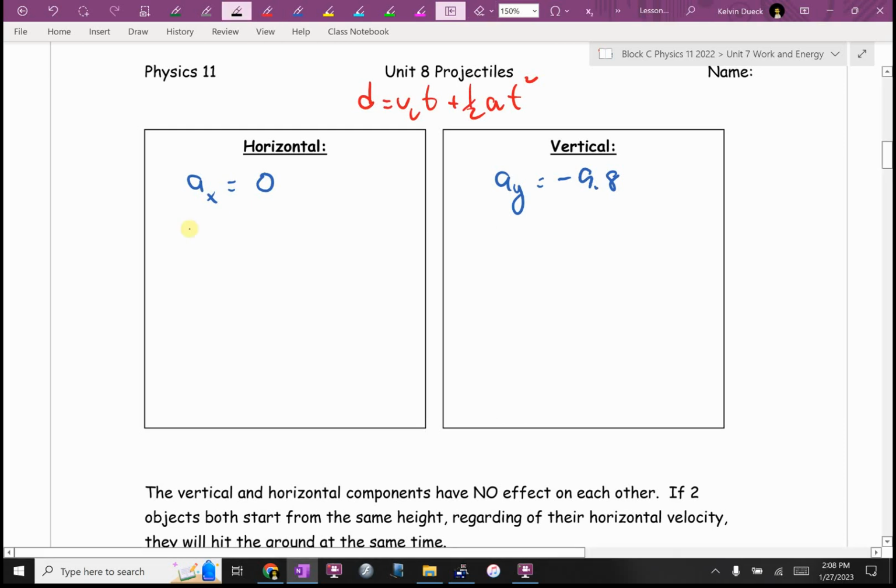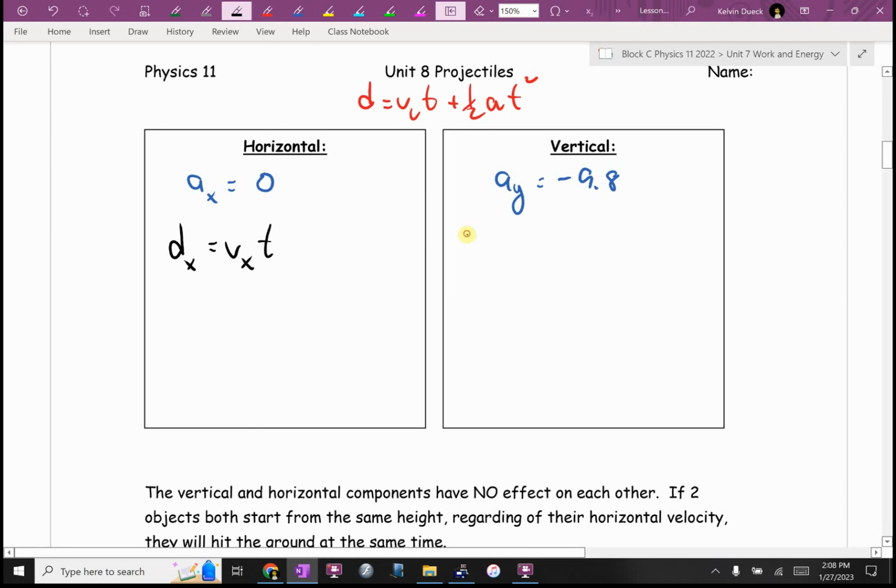Horizontally, I'm going to write dx to show I'm talking horizontally, and it would be vxt. Why didn't I bother writing the plus a half at squared? It's zero. That's the equation if you're finding a horizontal displacement for a projectile.